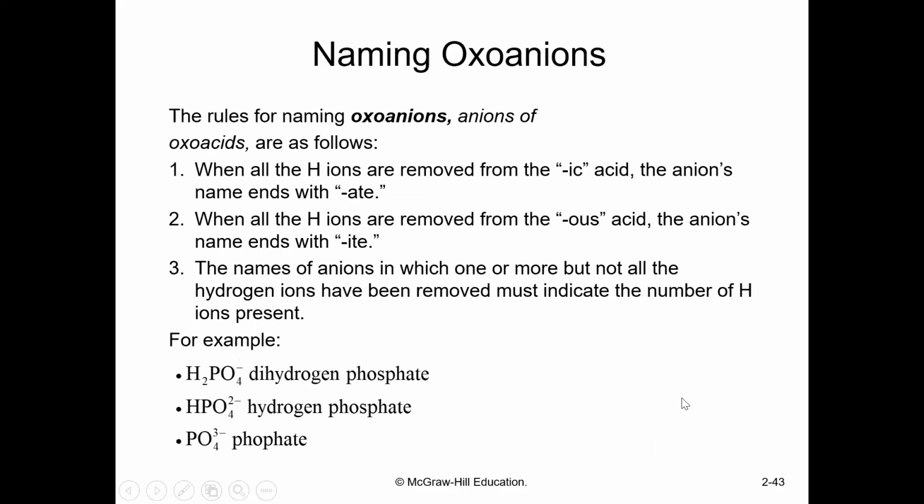We are going to see, there's a little typo, this should be phosphate. We are going to see what happens when we take off a hydrogen, and the names of the anions.